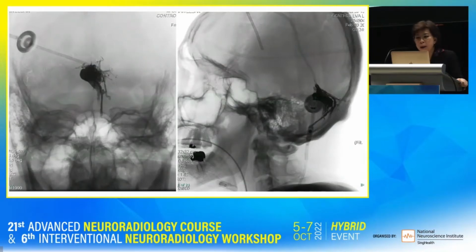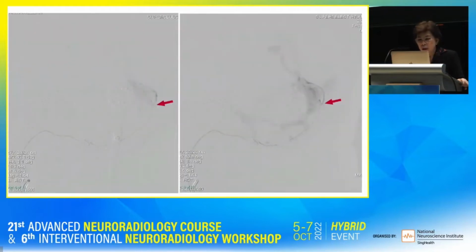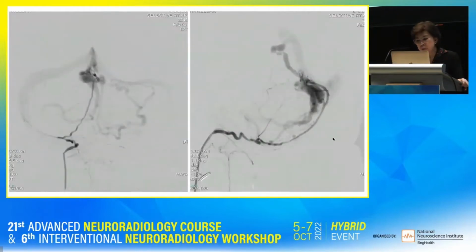The reason why we don't use coil is that, as you can see, according to this artery, a microcatheter used for coil should be a little bit larger than this one. We thought it impossible to go there, and the other arteries are small also.